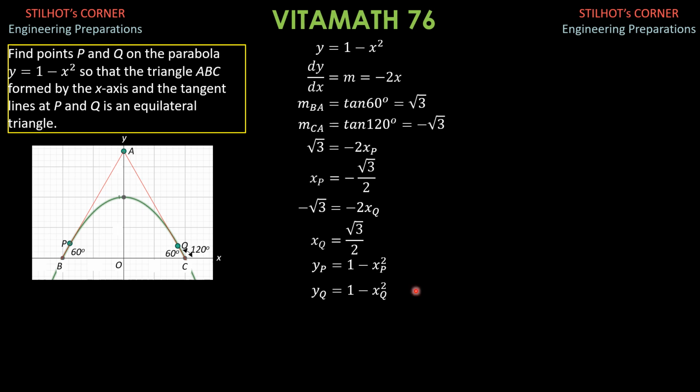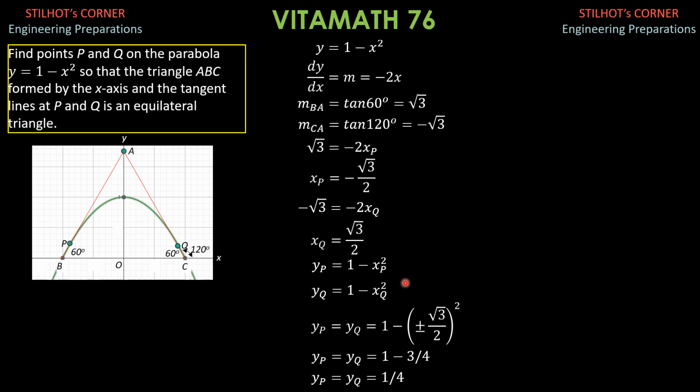Since this is squared, plus or minus square root of 3 over 2, quantity squared, is the same. So y_P equals y_Q equals 1 minus quantity plus or minus square root of 3 over 2 squared. And this is 3/4, and 1 minus 3/4 is 1/4. So y_P equals y_Q equals 1/4.